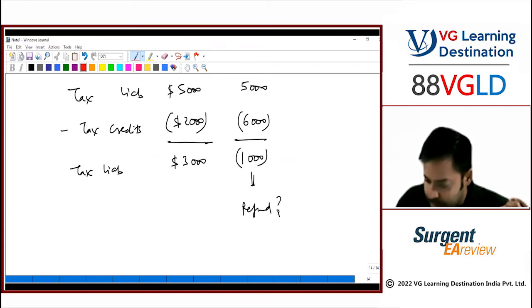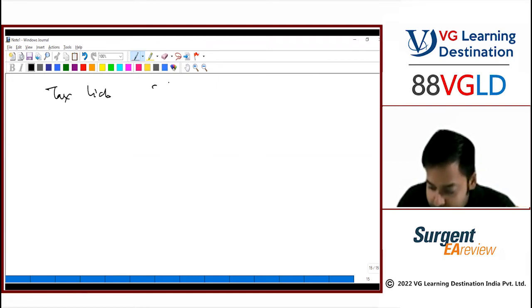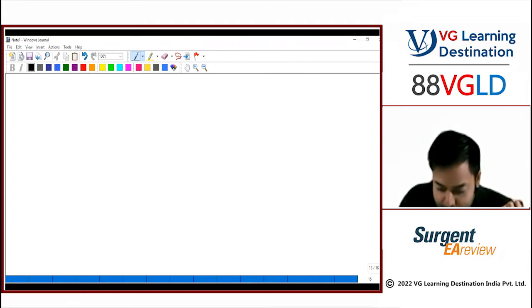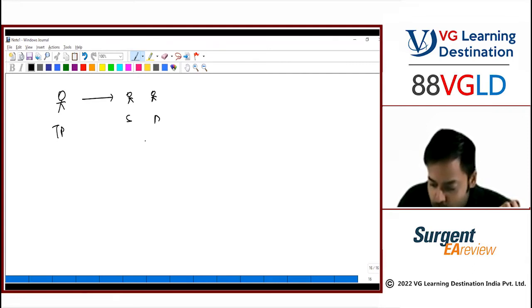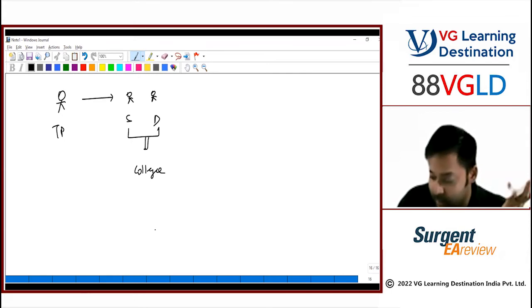I'll explain that. So what I'm saying in this case, let's say your tax liability is coming $5,000, and let's say the taxpayer has two kids, son and daughter. Both of them go to a college, and there is a credit that says if they are going for the studies, you can get some advantage in that case.